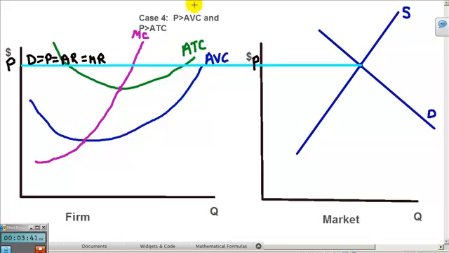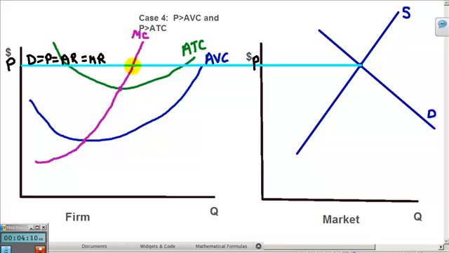The firm is going to produce every unit so long as the marginal revenue is greater than the marginal cost. As long as that light blue line is higher than this, I call it hot pink line, purplish line. As long as the price, the marginal revenue, is higher than the marginal cost, the firm will produce it.